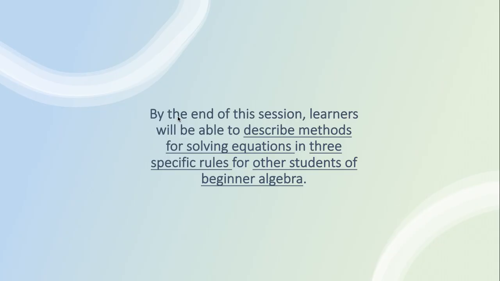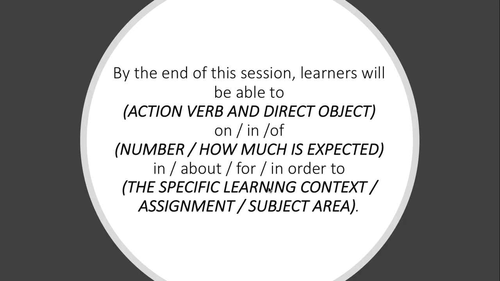Another example. By the end of this session, learners will be able to describe methods for solving equations in 3 specific rules for other students of beginner algebra. Okay. Describe equations. How many? In 3 specific rules.